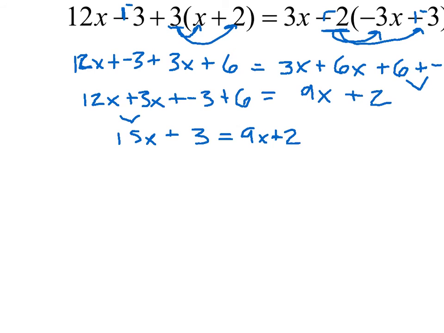But at this point, we don't have all of our x terms on the same side. So what is it that we would like to do, Marta, to get all of our x's on the same side of the equation? Okay, she wants to add a negative 9x to both sides.